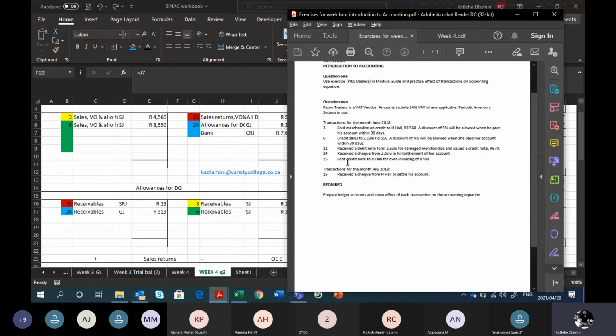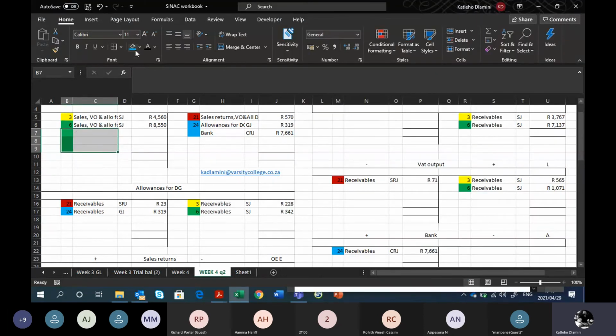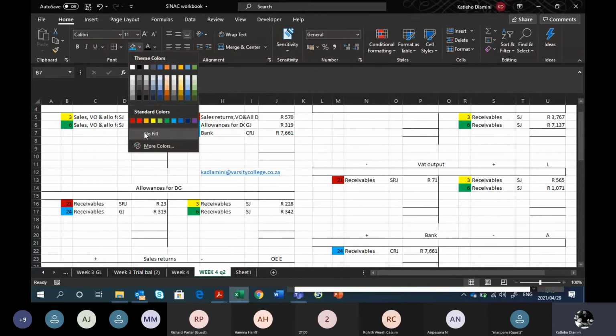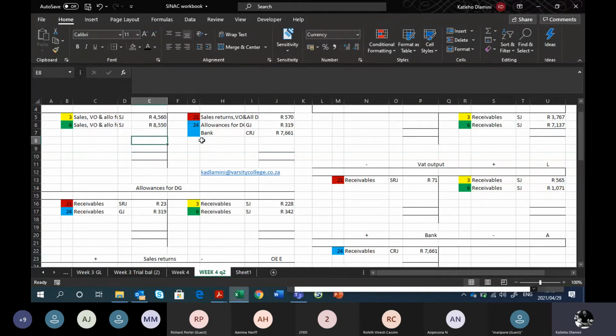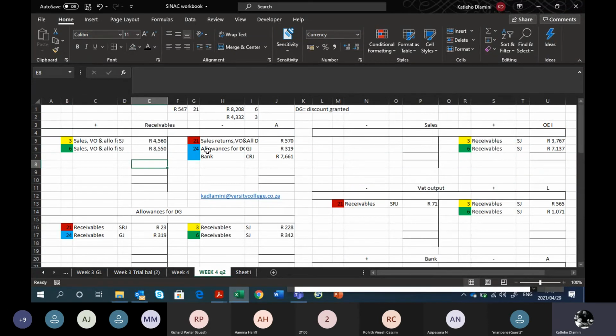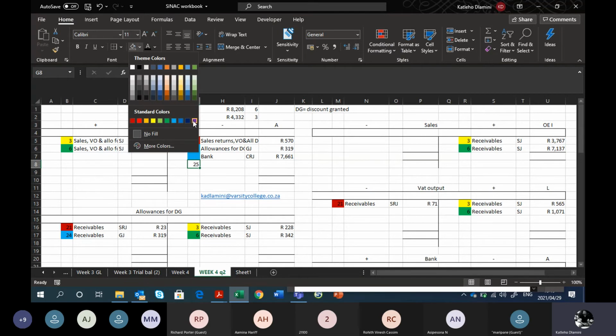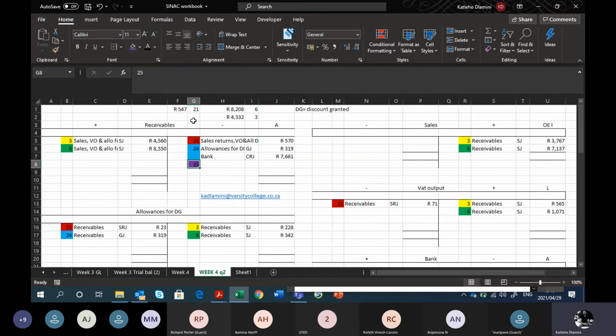Send credit note to HO for over invoicing of 780. So that's the guy of the 3rd. We overcharged him. So that's the 25th. I'm going to make that pinkish.